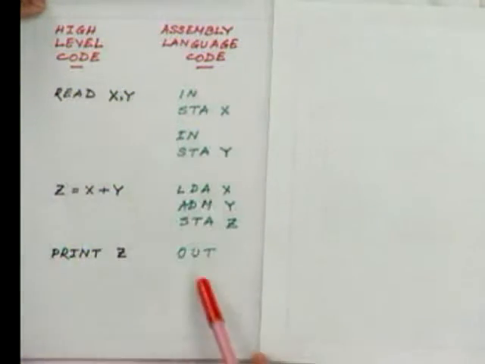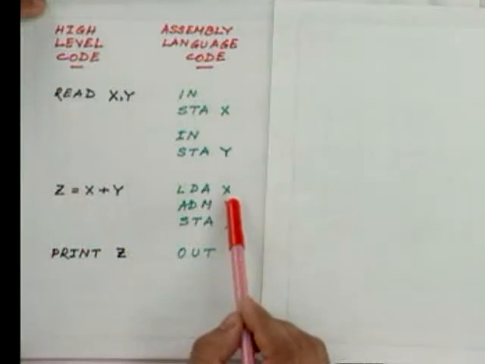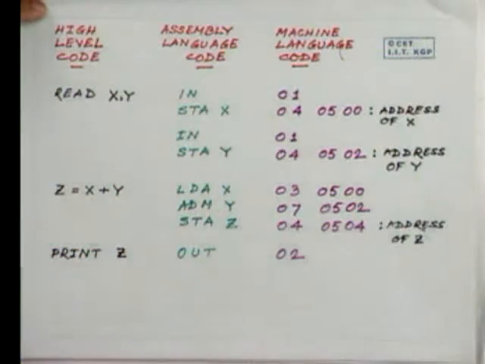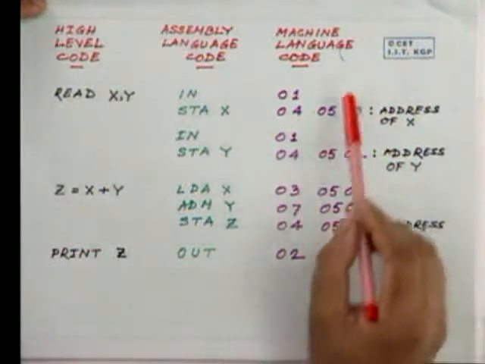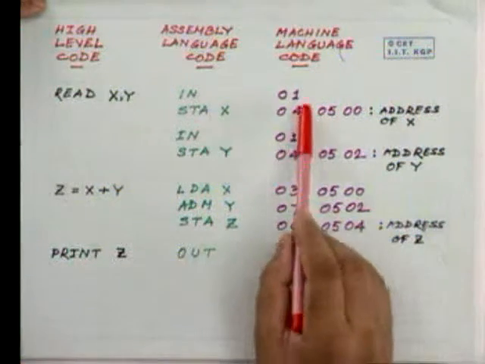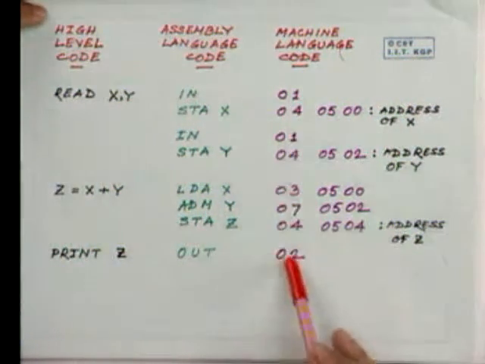Now, I have shown this assembly language statement, but the assembly language itself once more cannot be executed by the computer, the central processing unit. It further has to be translated into what we call machine language code. This is the machine language code we have written in hexadecimal notation.